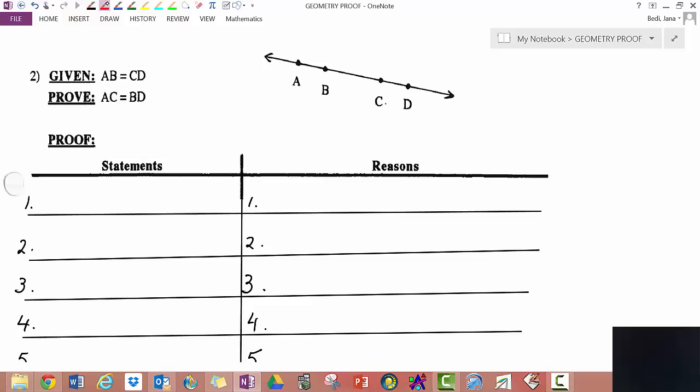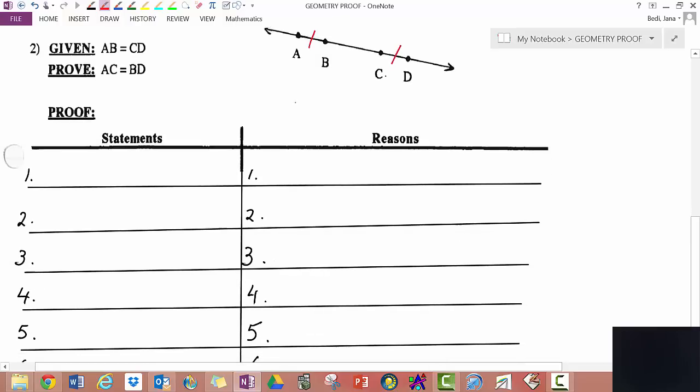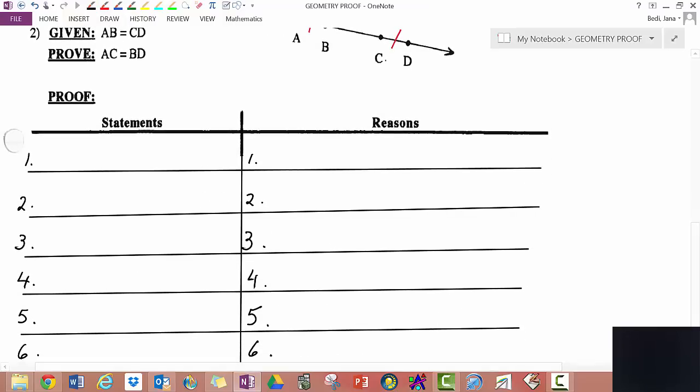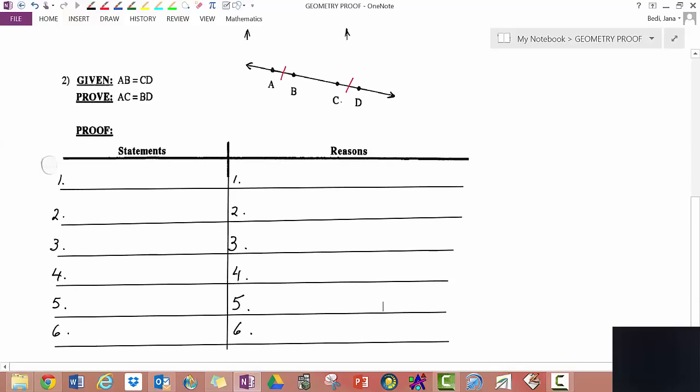We are given AB is equal to CD, and we want to prove that AC is equal to BD, equal to, note, not congruent to, it is equal to. So the first thing I'm going to do is write my given. I can always do that in a proof.